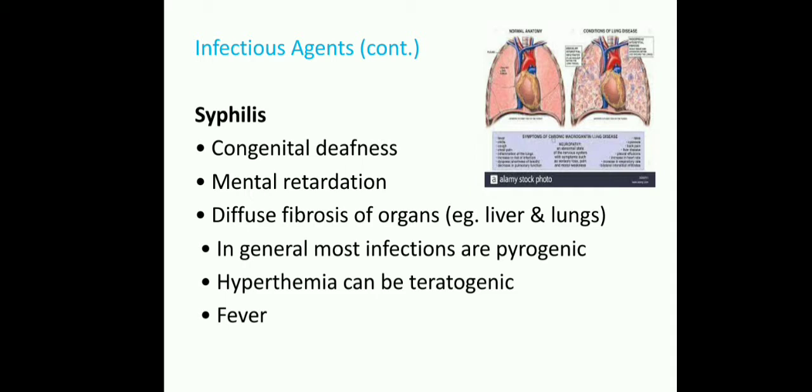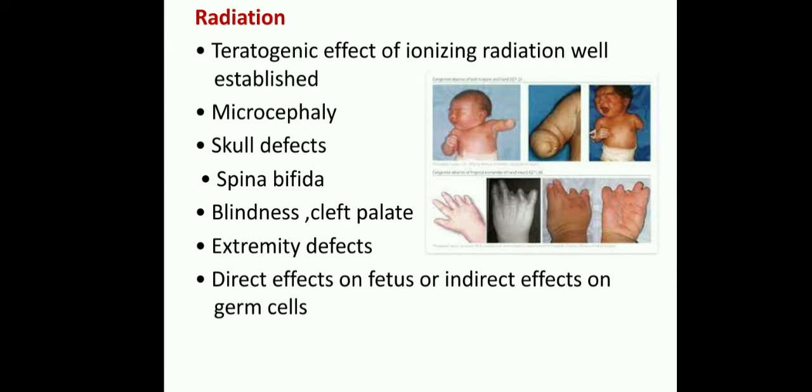The left side is a healthy lung, the right side is a fibrotic lung. When the mother is suffering with syphilis, the baby has this fibrosis. And next one is hyperthermia, which can be a teratogenic agent. Fever is also associated with that. That is the infectious agents we discussed.